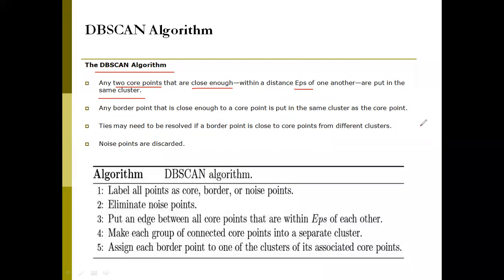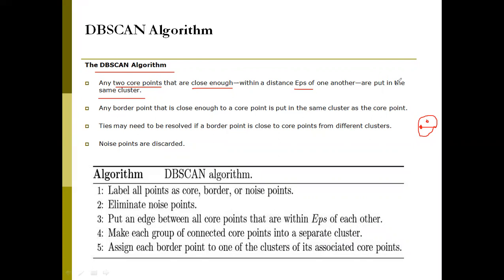What is it? If this is a center point, and from the center point I have drawn one radius, if your data point is within this radius, then you make this point part of the core cluster itself.